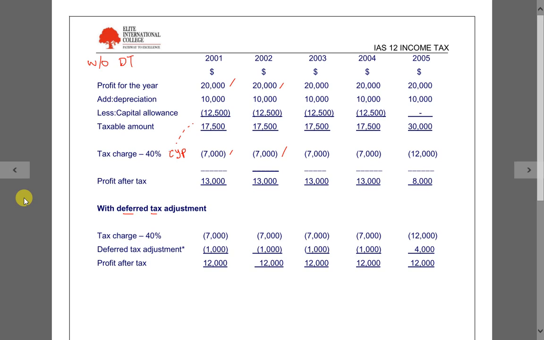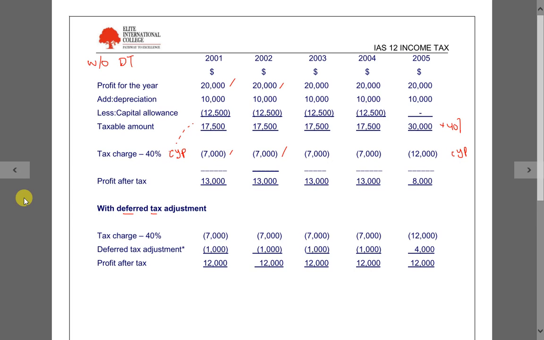Third year, fourth year. Let's look at the fifth year. Because in the fifth year, I claim depreciation, but I have no more capital allowance to claim. So I add depreciation, no more capital allowance. So my tax will be based on 40%. So my current year provision to the government is going to be 12,000.